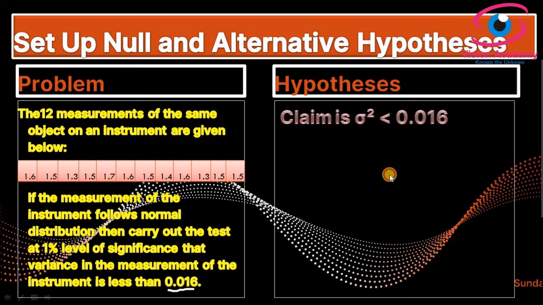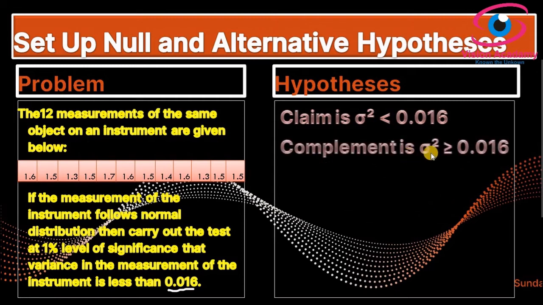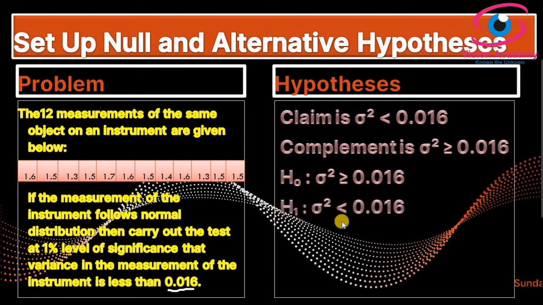Since it is a variance, our complement would be variance greater than or equal to 0.016. And as usual our complement contains the equality sign, so we will take the complement as the null hypothesis. So now our null hypothesis is variance greater than or equal to 0.016, and our claim would be our alternative hypothesis. So our alternative hypothesis is variance lesser than 0.016.